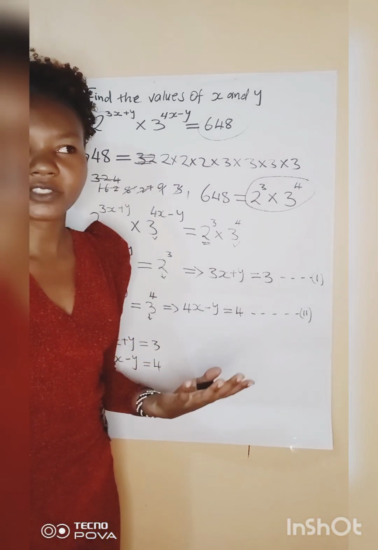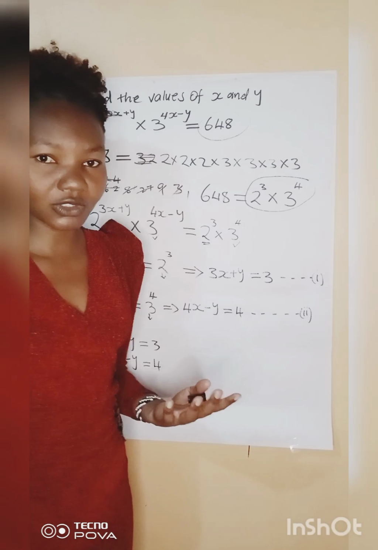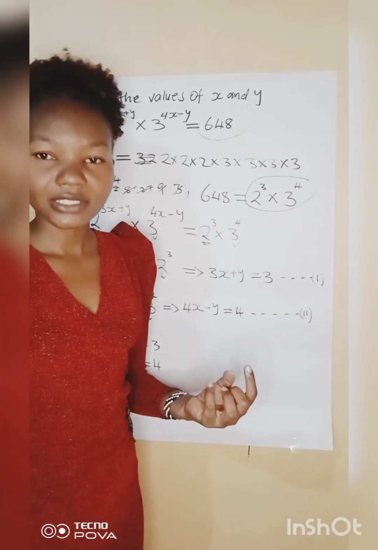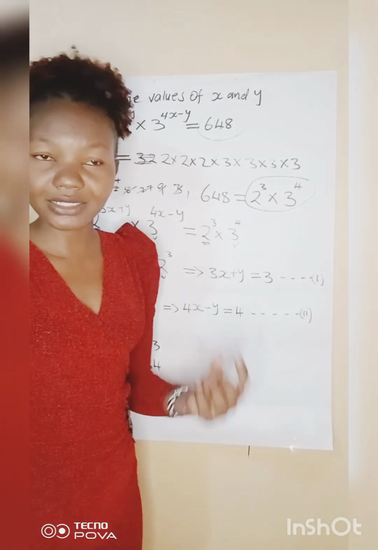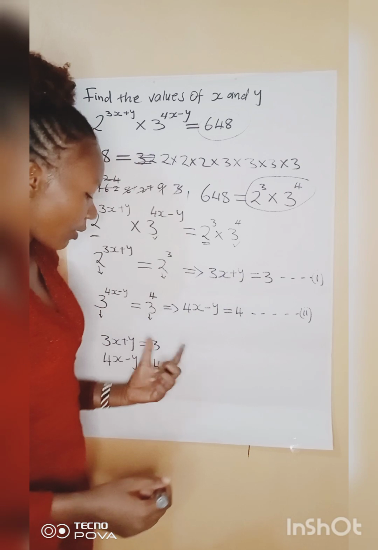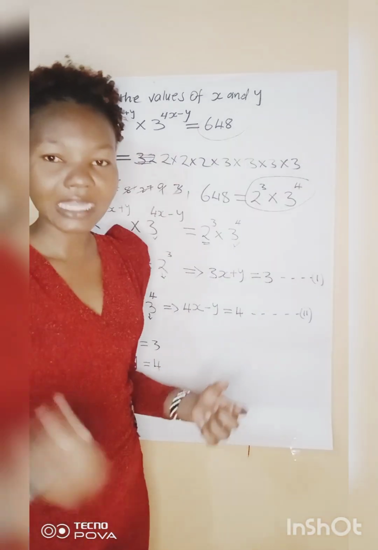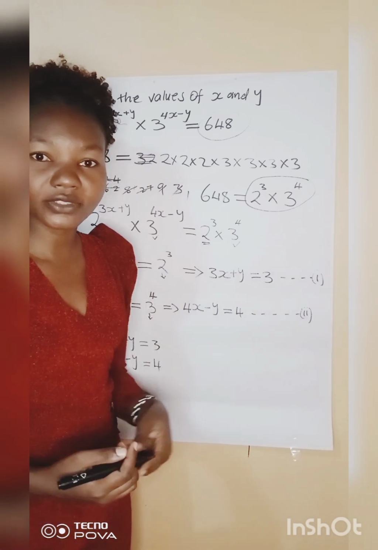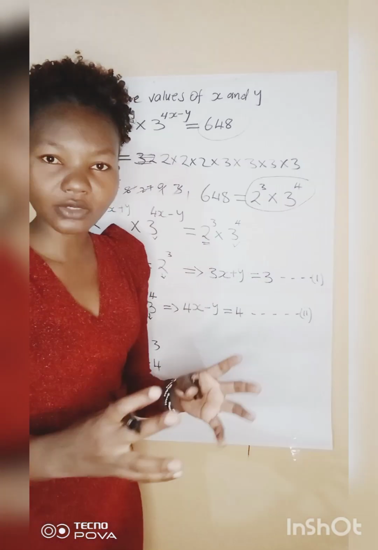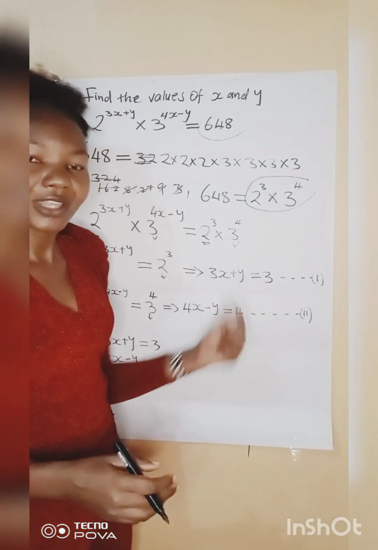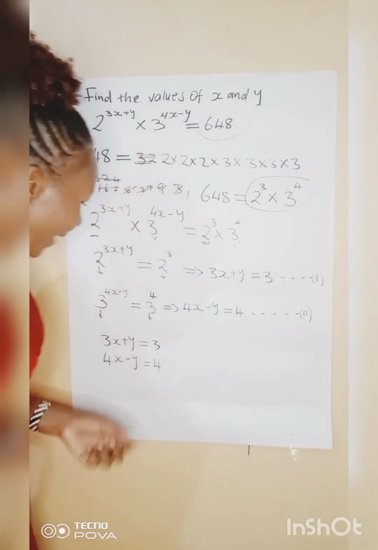Remember, we have different methods of solving simultaneous equations. We have elimination method, substitution, graphical, and even matrix method. Now for our question here, we are going to use elimination method, whereby we eliminate one of the unknown variables, and whatever value that we get after that will help us to get the value of the other unknown.